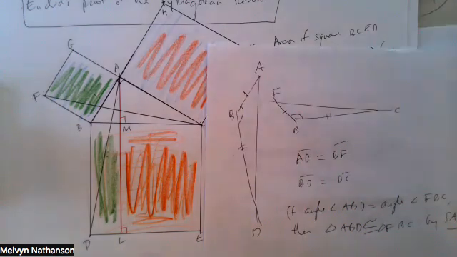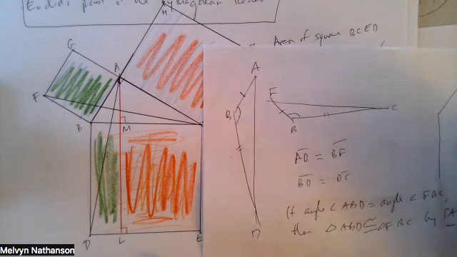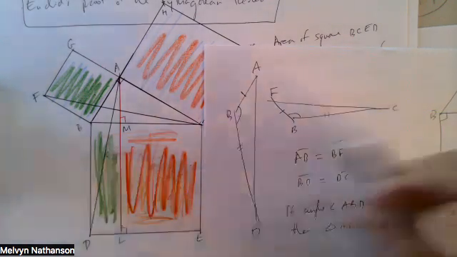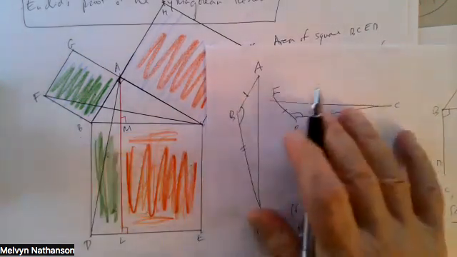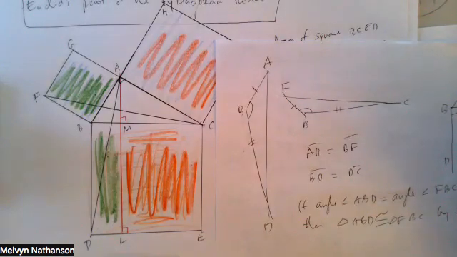So let me sort of blow that up for a second. My picture looks like this. This is the angle ABD, and perpendicular to that is this line, BMC. This is a right angle.